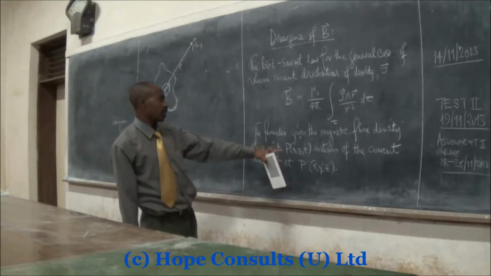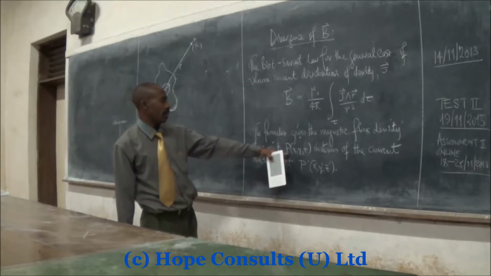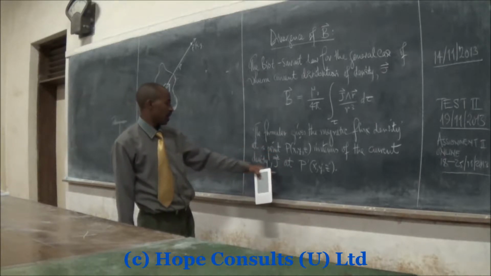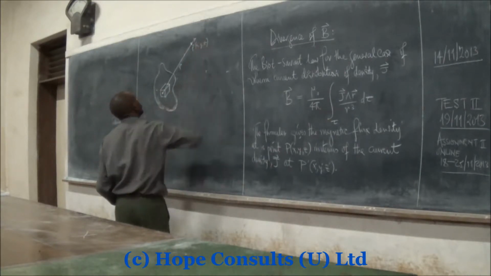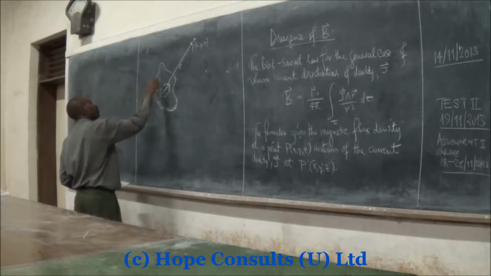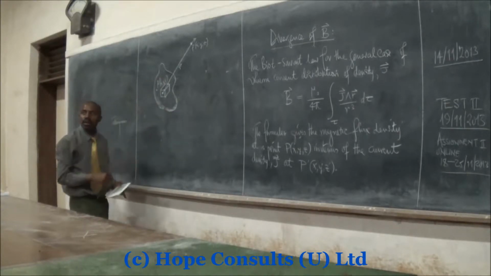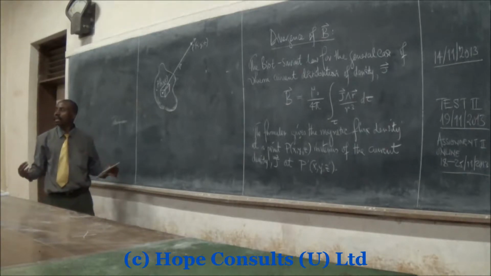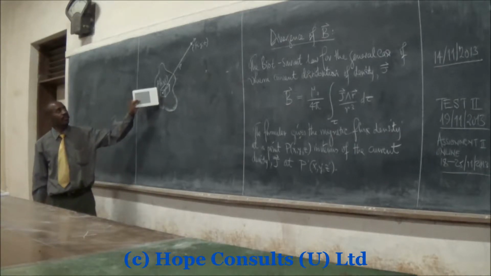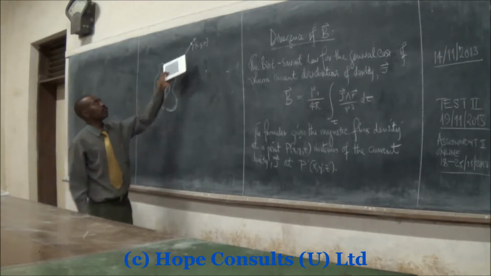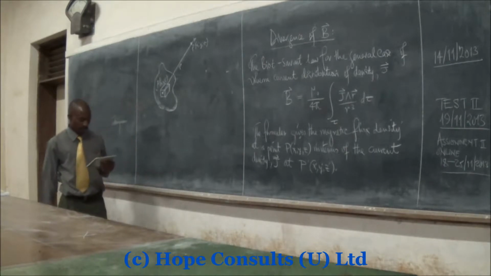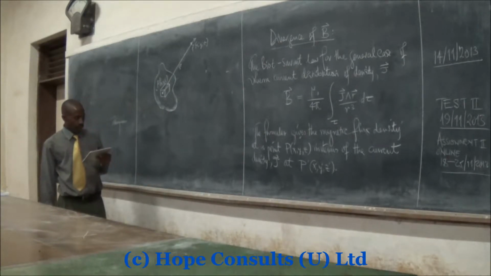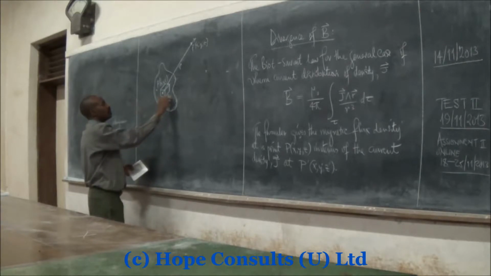So we have a formula giving the magnetic flux density at the point P in terms of the current density J. The current threading this volume produces a magnetic field at a point in space P, x, y, z. And this is an elemental volume, the tau.